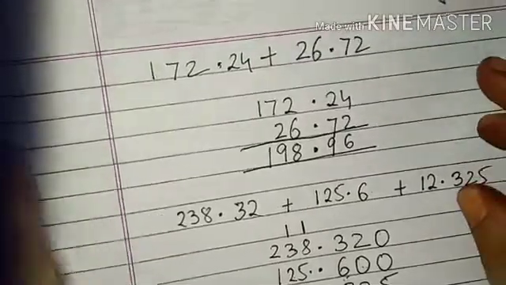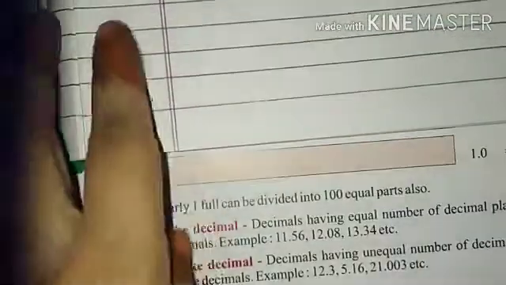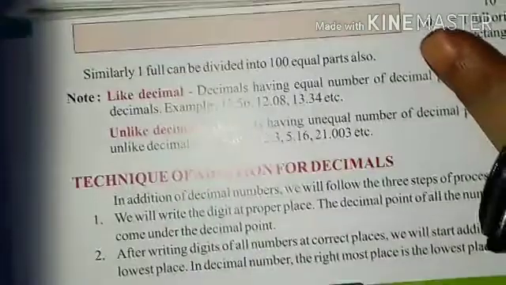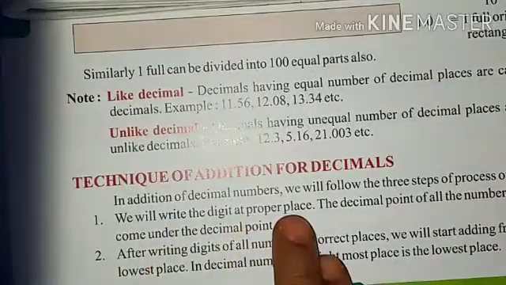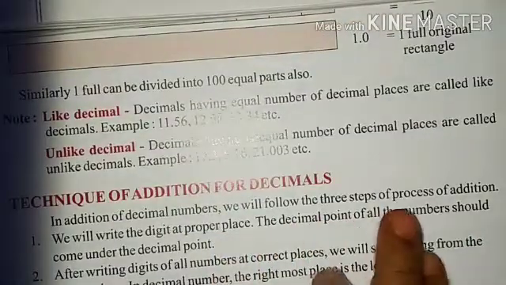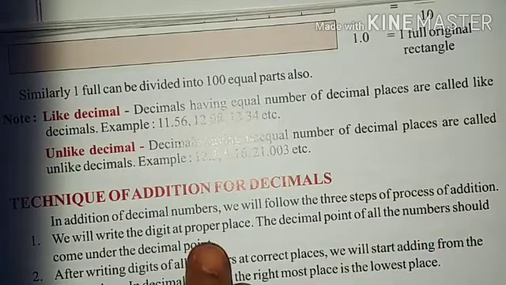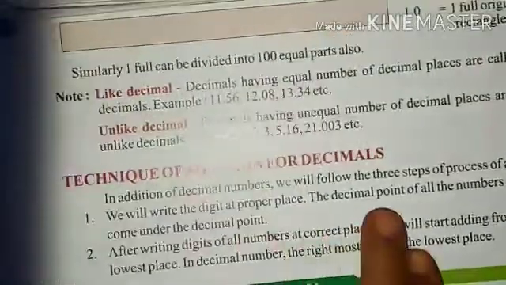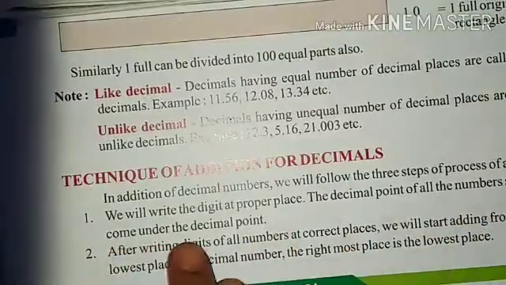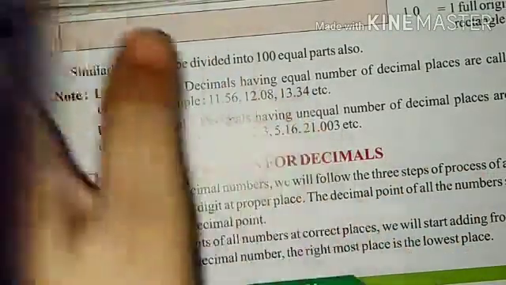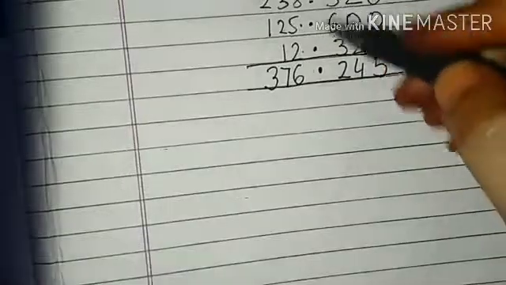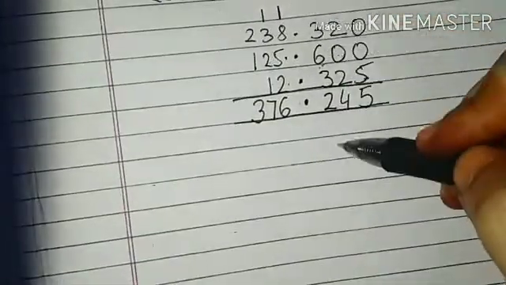Okay, so the technique that you are using, please go through this also. In addition of decimal numbers, we will follow the 3 steps of the process of addition. We will write the digits at the proper place. The decimal point of all the numbers should come under the decimal point. That I have told you, that all the decimal points should come in a proper line.